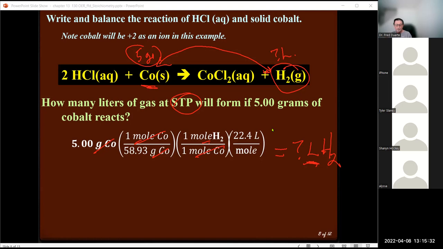Or instead of using the 22.4 liters per mole, I could have put in the atomic weight or the molar mass of hydrogen gas, and that gives me grams of hydrogen gas, right? But here they're asking for the volume, so I use the 22.4, right? And I plug that in, and I end up at 1.90 liters of hydrogen gas.